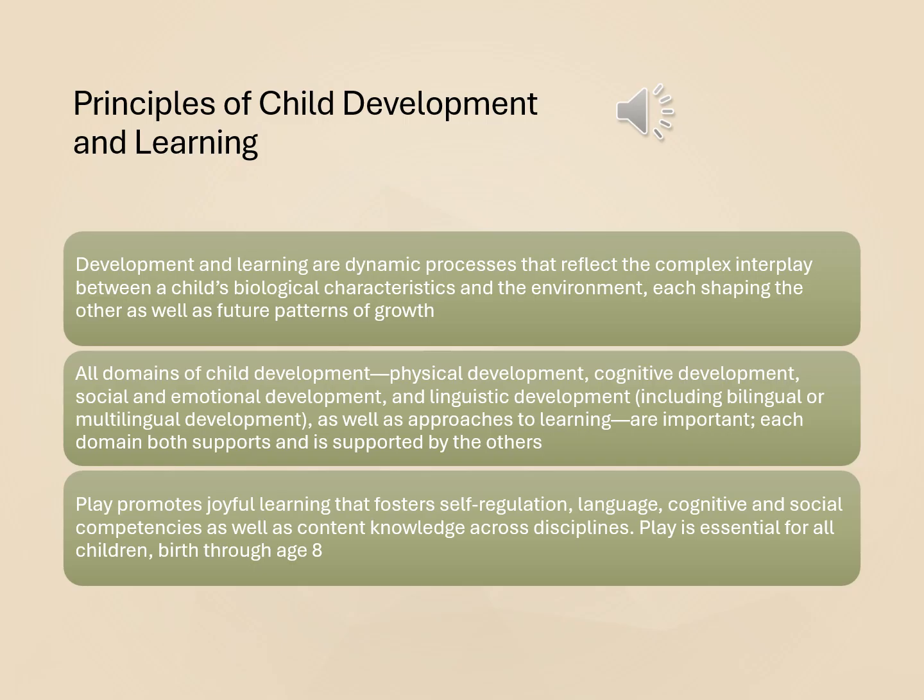So the next one, all domains of child development, physical, cognitive, social and emotional, and linguistic, which means language development, as well as approaches to learning, so how interested children are in the learning process, are important.